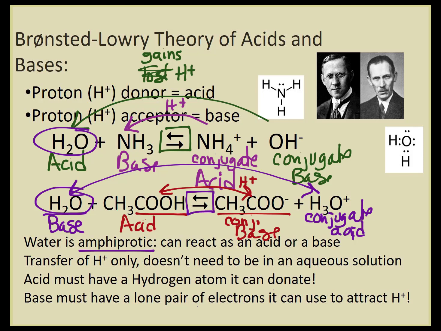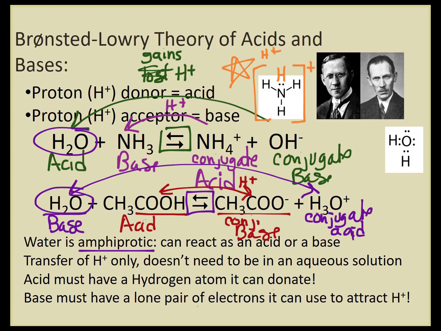So let's look at my little Lewis structures up above. I see right here my ammonia, my NH3, it has a lone pair. When a hydrogen, an H plus, comes in, it just joins up right there where that lone pair is. And this ends up being ammonium, NH4, and it has a +1 charge.